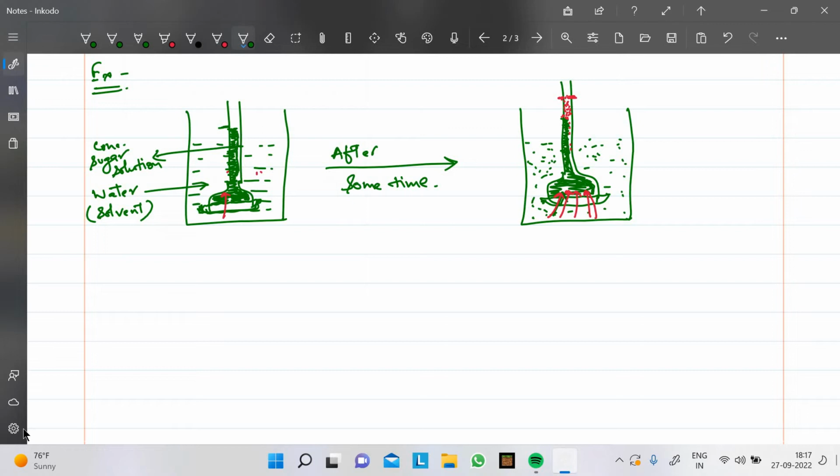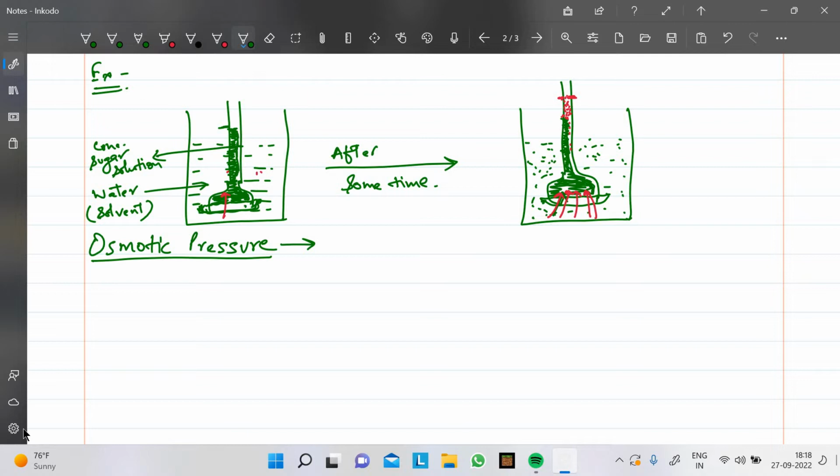Now there is another term related with osmosis, that is osmotic pressure. What is osmotic pressure? To define osmotic pressure, take the above example as discussed here. Again, the beaker is filled with water, the funnel is filled with concentrated sugar solution and tied with a parchment membrane, or the semi-permeable membrane, on its mouth, and put in an upside down position into the beaker.